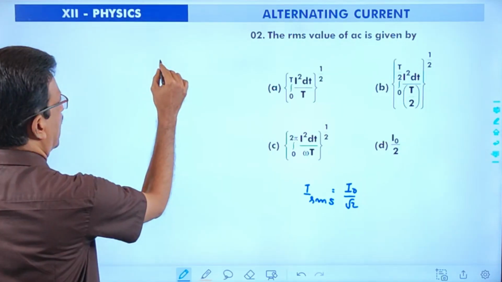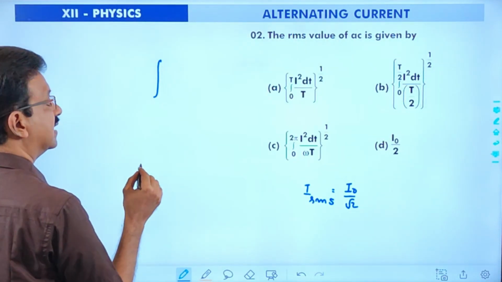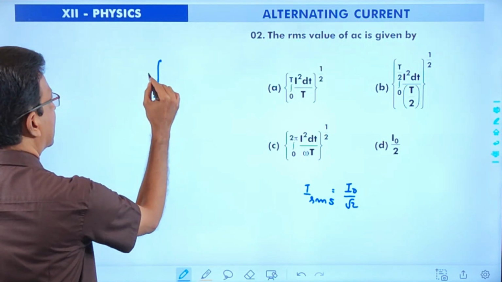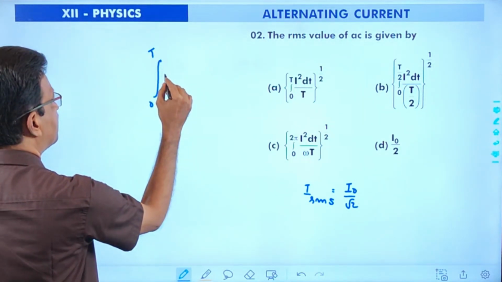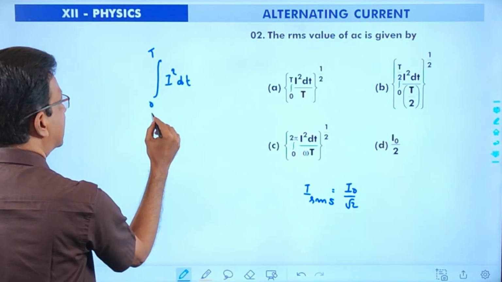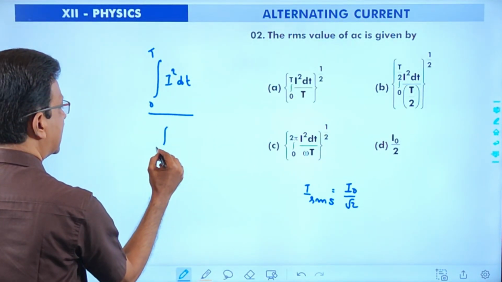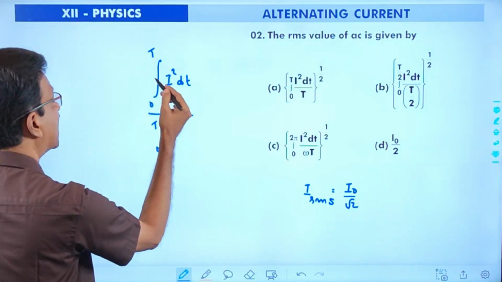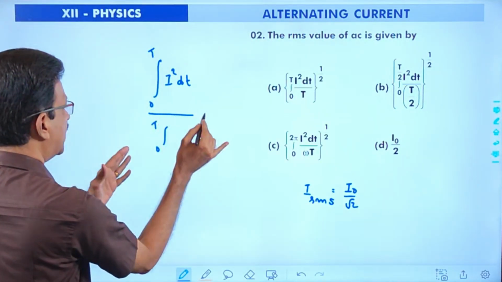Root mean square, that is the expansion of RMS. Then first summation of the squares of the current. Integral 0 to T I square dt divided by integral 0 to T over full cycle. The summation of the squares are done.